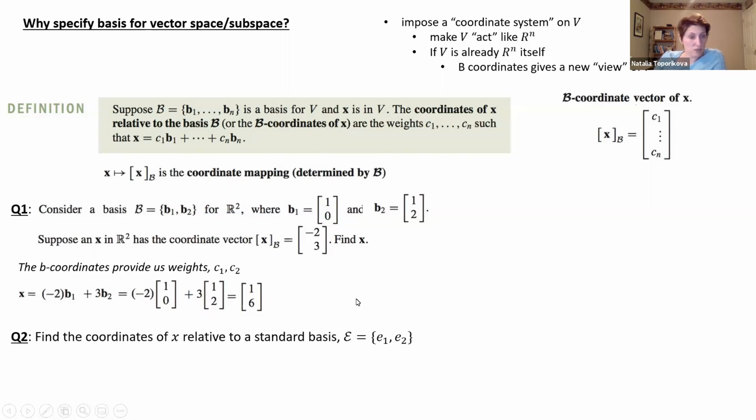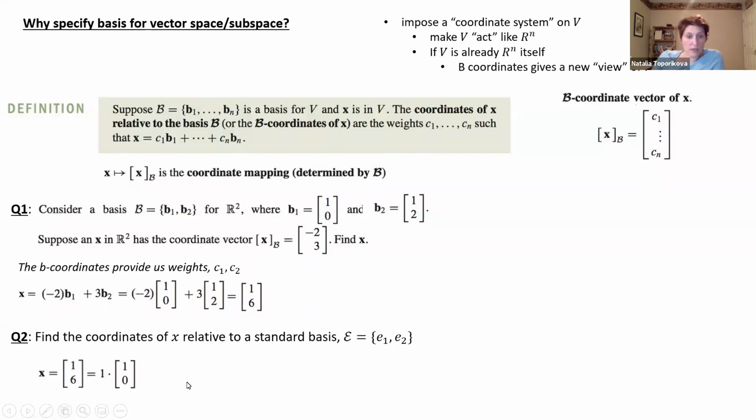Okay, let's go ahead and now, just to practice, write our vector x, (1, 6), in the standard basis, which in the two-dimensional system consists of the two vectors E1 and E2.